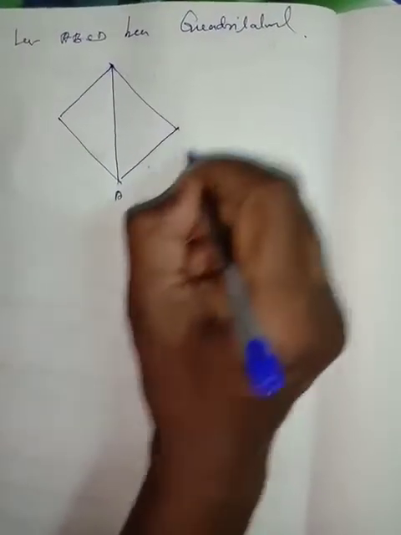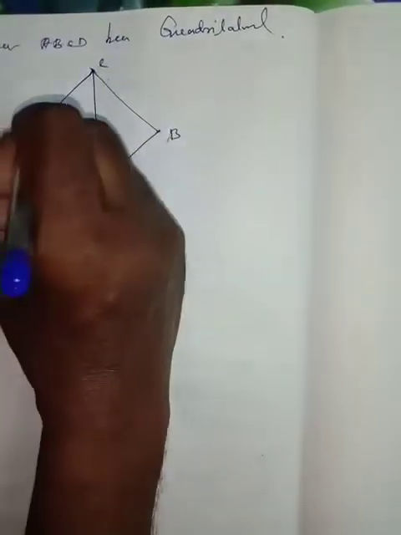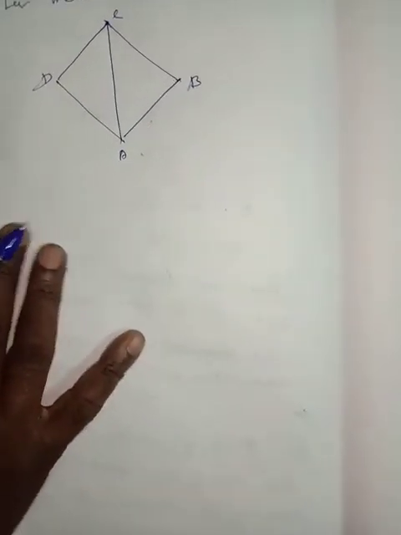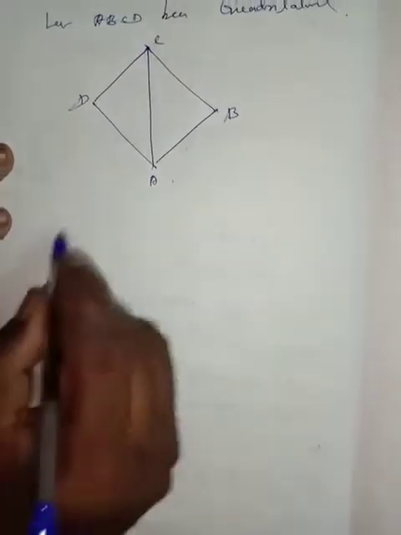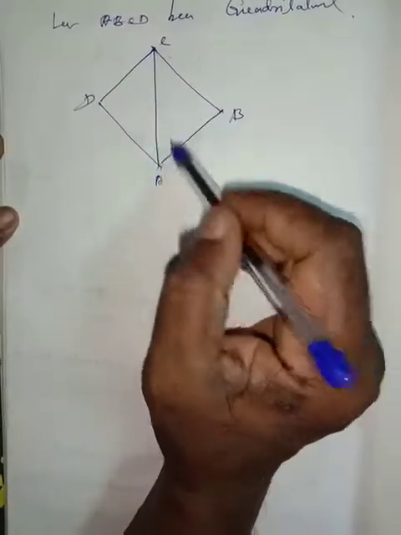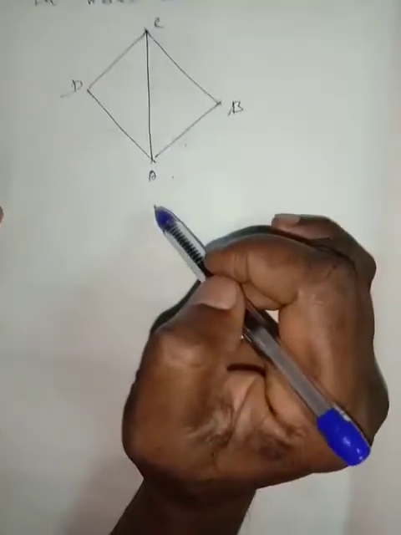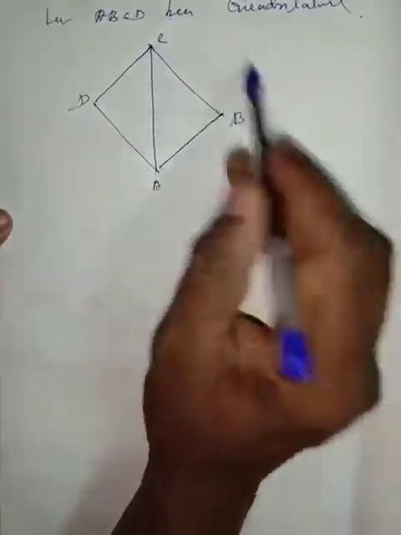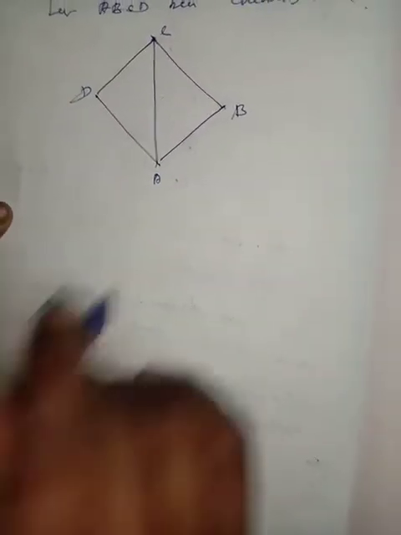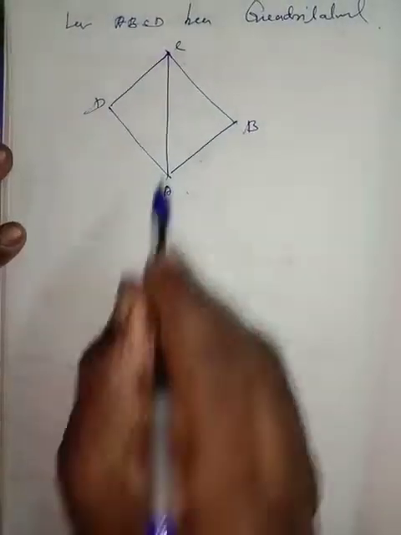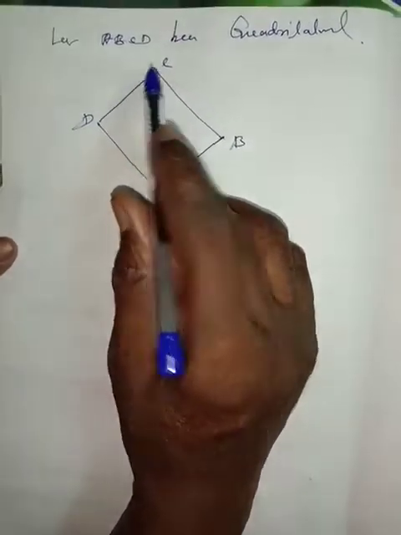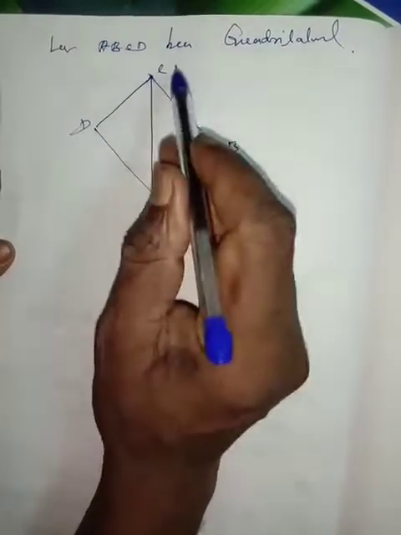A, B, C, D. Area of a quadrilateral ABCD is equal to, draw AC. First draw a quadrilateral ABCD, join AC, one of the diagonals. We get two triangles. One is ABC, another one is ADC.